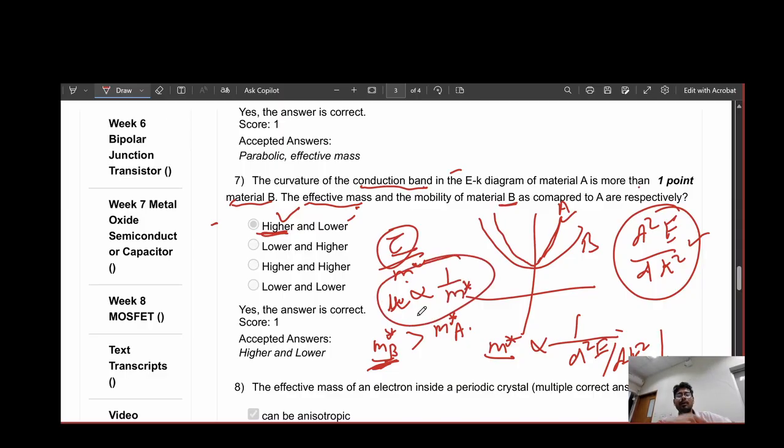Just imagine a heavy ball or a light ball moving through something. The heavier it is, the more difficult it is for that electron or hole to move. So the more the effective mass, the lesser the mobility.